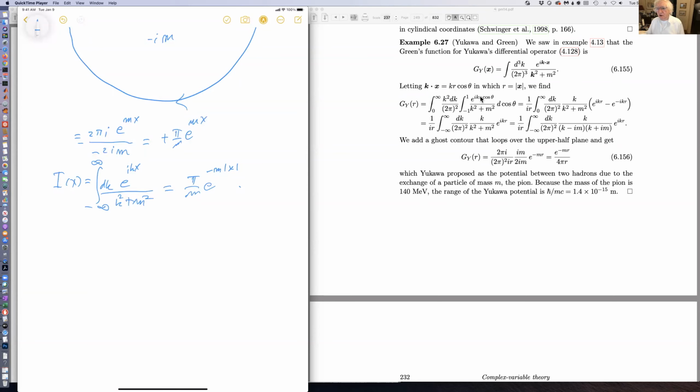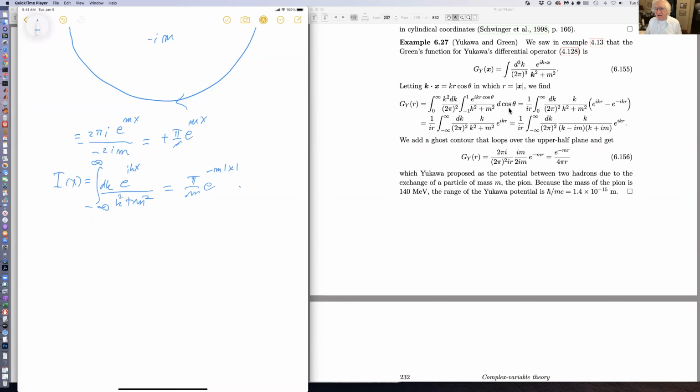The phi integral gives us a 2 pi. We then have a d cosine theta, in other words, sine theta d theta. That's minus d cosine theta, but since we want to go from -1 to +1 in cosine, we cancel the minus sign, and we have this expression.